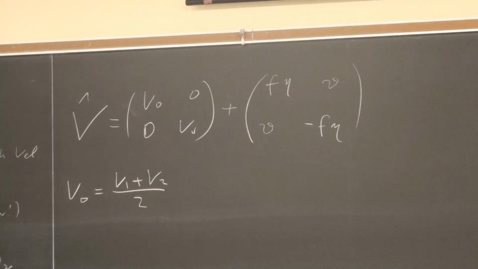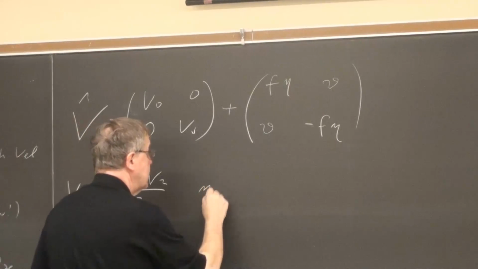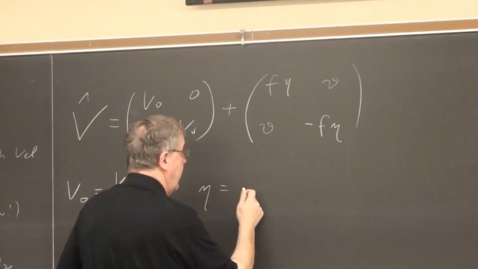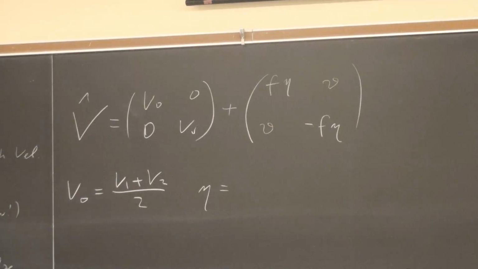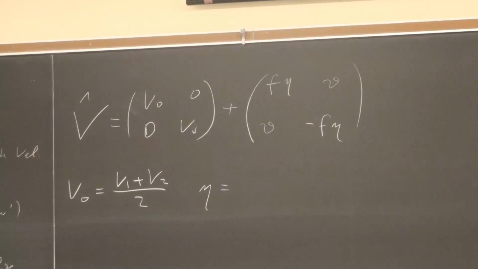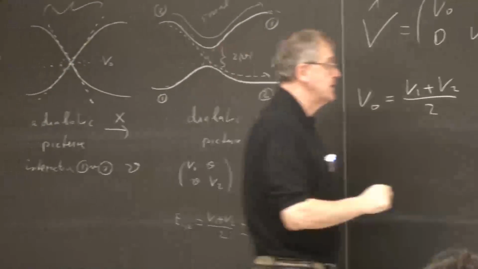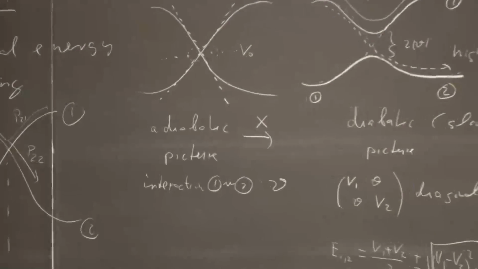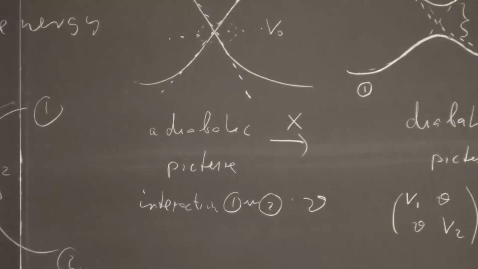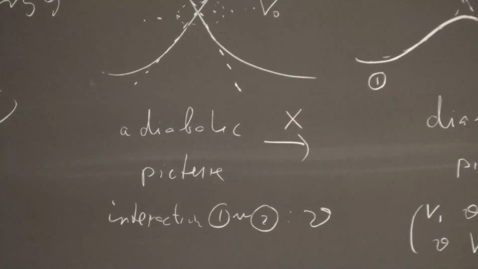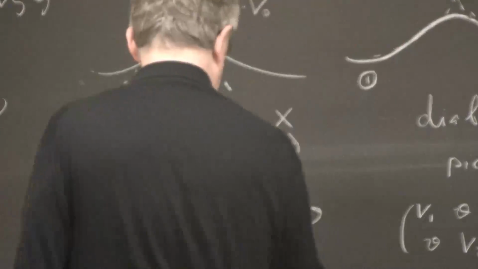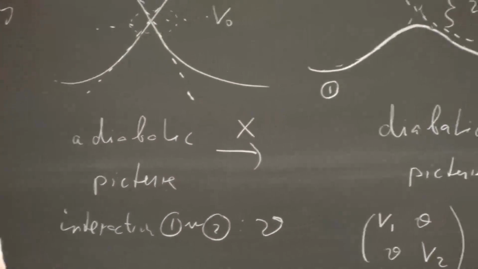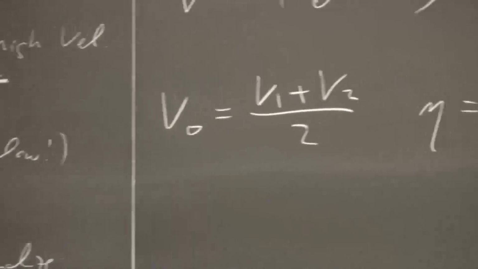And now what I can choose, eta is, if I call this one the coordinate x, then eta is x minus x0, x of t minus x0. So when I move through here, then this is my coordinate there.